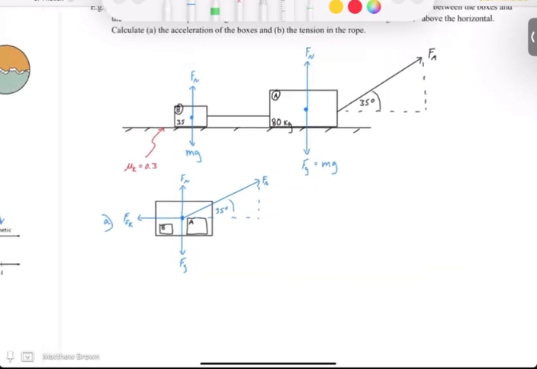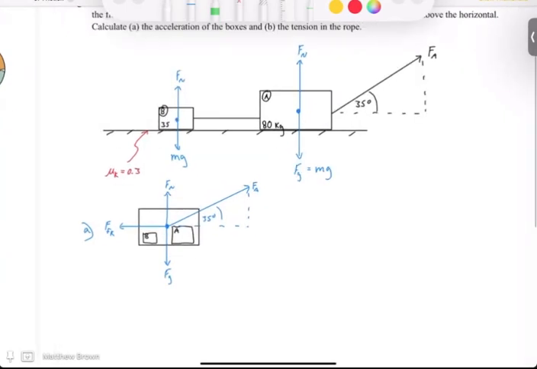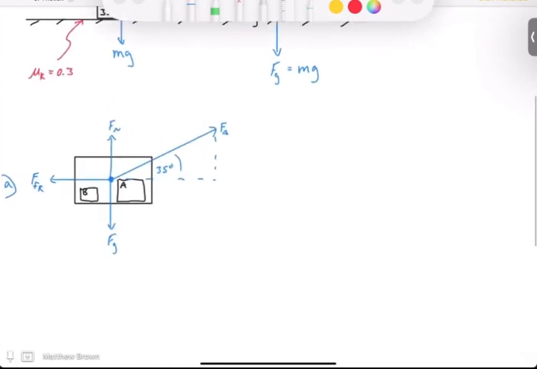So I guess the first thing I would do then is look at this in the Y direction. Let me move this down, I feel like that's a bit cluttered. So looking at this system and summing all the forces in the Y direction, they equal 0 because I've got no acceleration up or down.